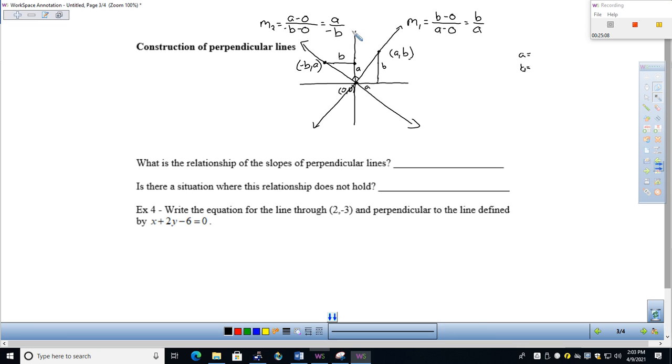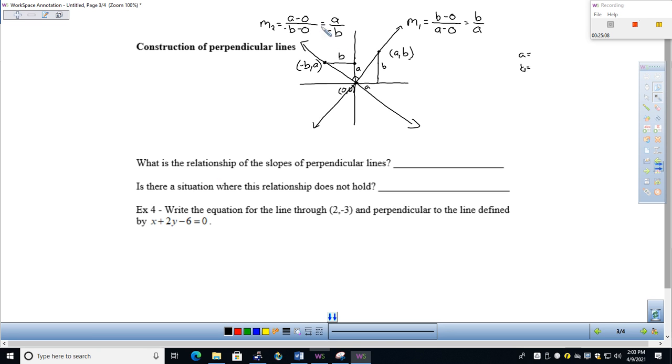So to make a rather long story short, we have two perpendicular lines. Look at the slopes, and as the question suggests, what is the relationship of the slopes of perpendicular lines? As mentioned, I believe you've seen this before, but this illustrates this nicely. You can see, first of all, they are opposites.